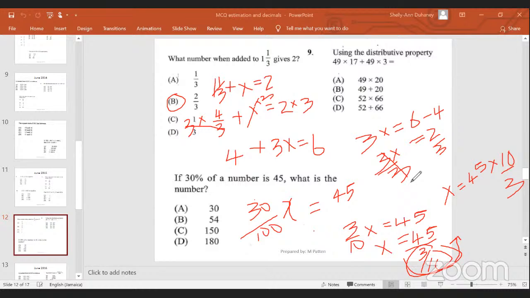Okay, miss. There are several ways to do this question, guys. The method that Ms. Duhaney has done on the screen, and I hear somebody mentioning finding 1%.